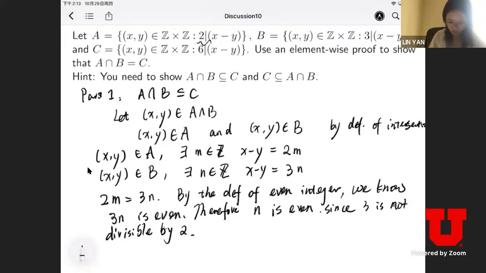Because 3n is even and 3 is not divisible by 2, n must be divisible by 2. So we claim that n is even.